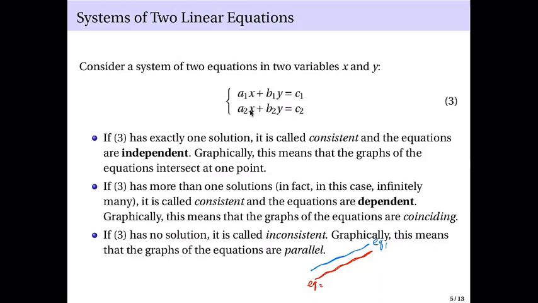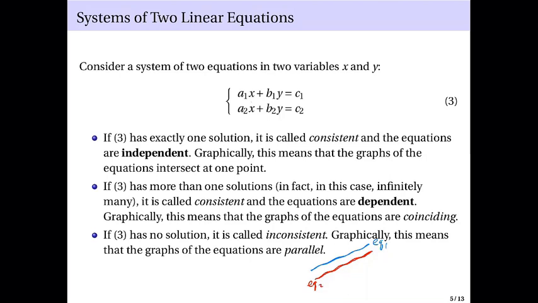When you do the substitution on the second equation, you will only have one variable, the variable y. And then you solve that equation. You solve for the variable y. And once you have obtained the value of y, you can go back to the first equation to get the value of x.